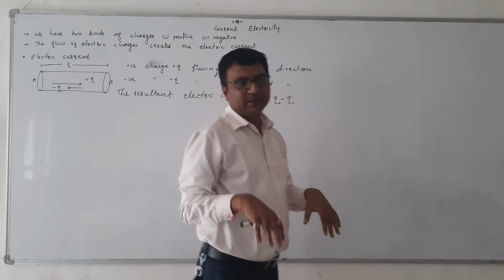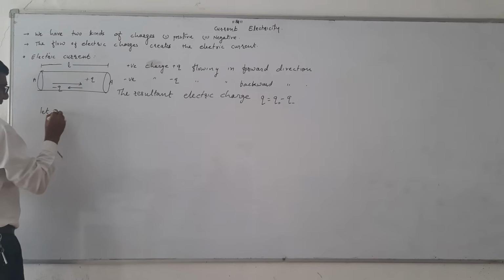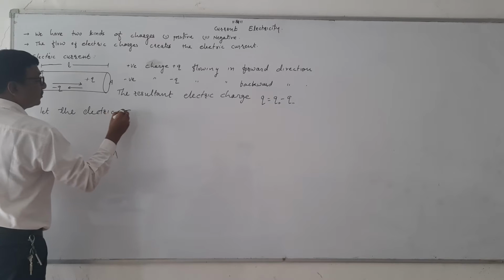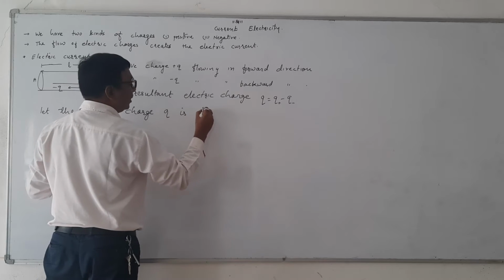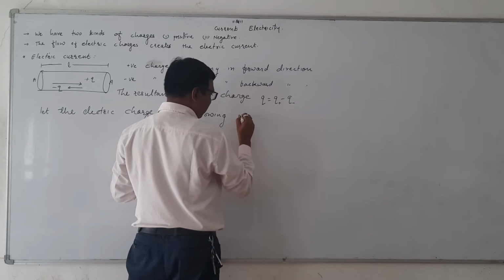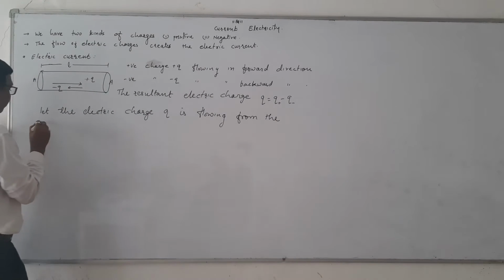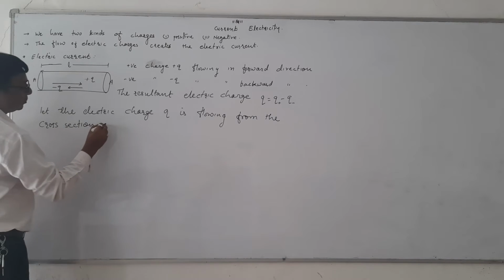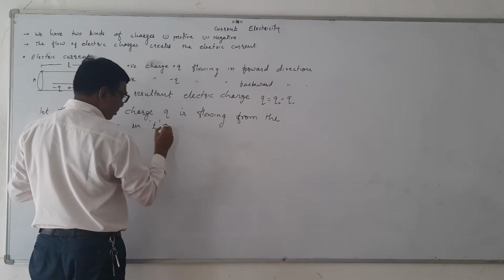So the resultant charge is Q. Let the electric charge Q be flowing through the cross section area in time t.